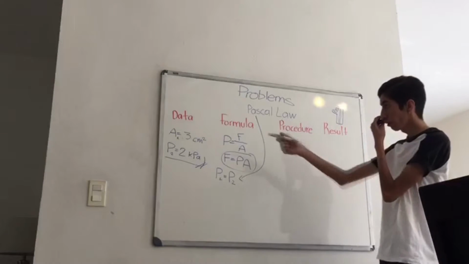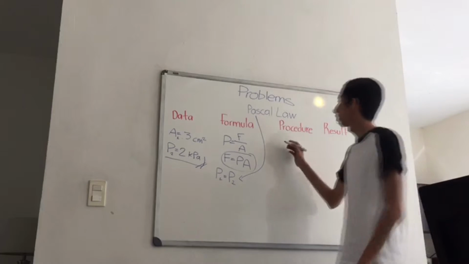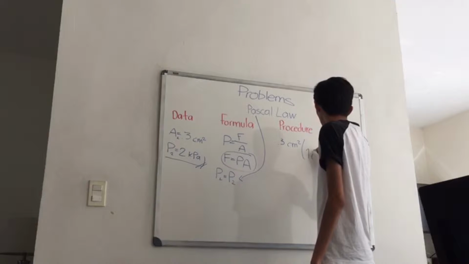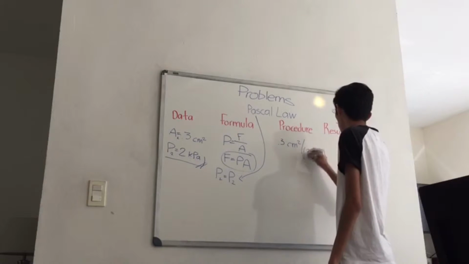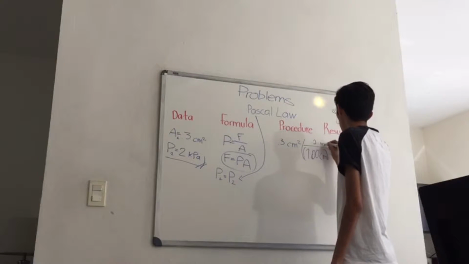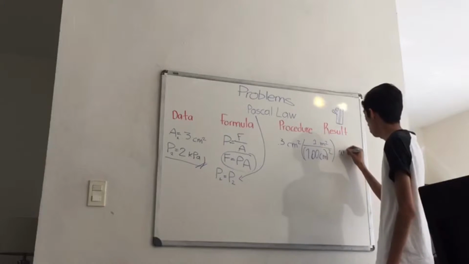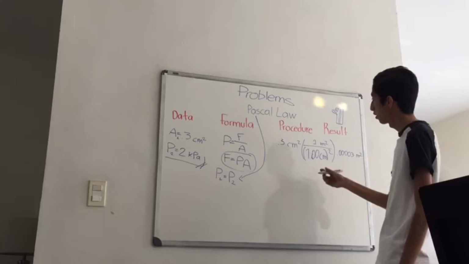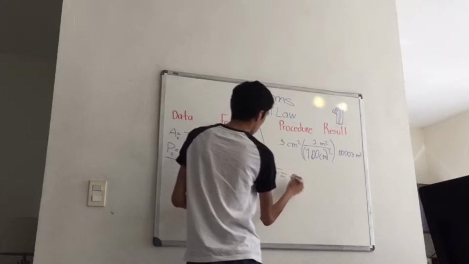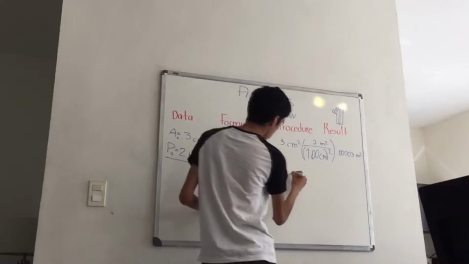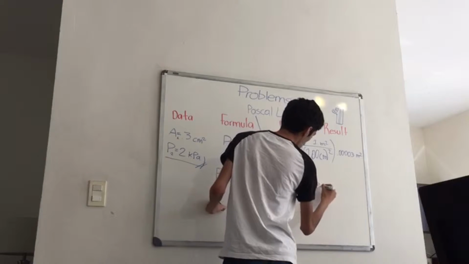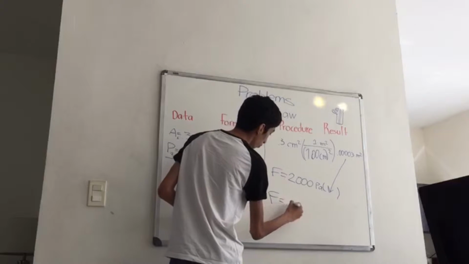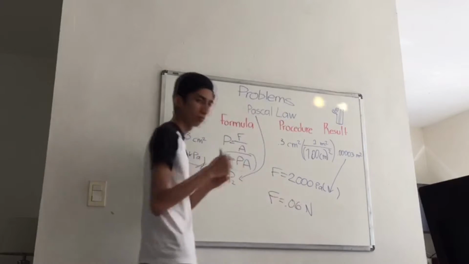But first we need to convert the area from square centimeters to square meters. And it is in meters squared, and then we only need to multiply the pressure, that is 2 kilopascals, times this, and that will be equal to 0.06 newtons.